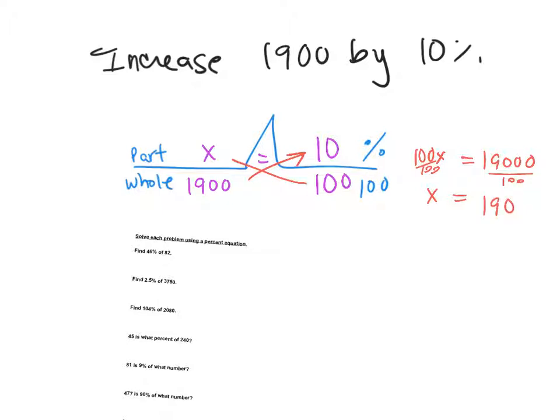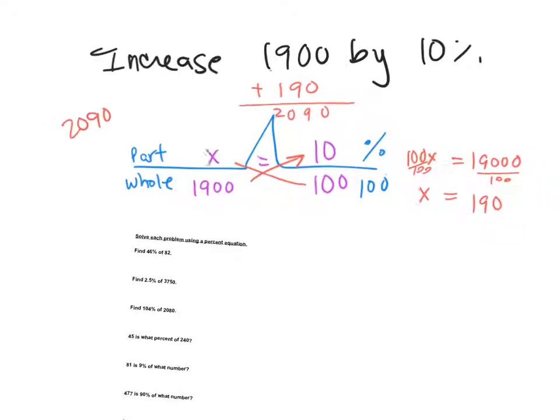What is the 190? That's how much is being added. The 190 is the amount that you're adding to 1900. So if I was going to increase it by 10%, my new number is 2090. Because 2090 is 10% more than 1900.